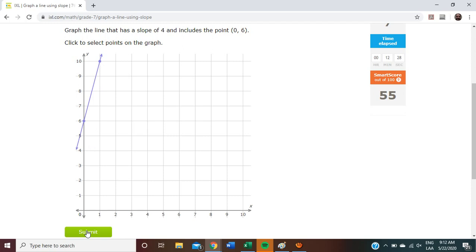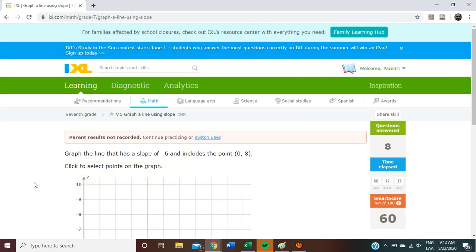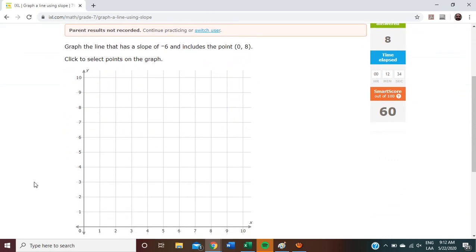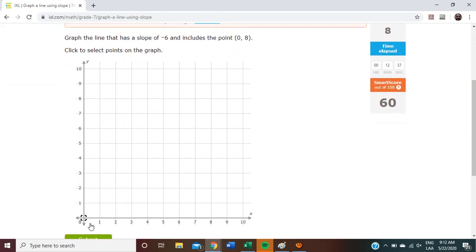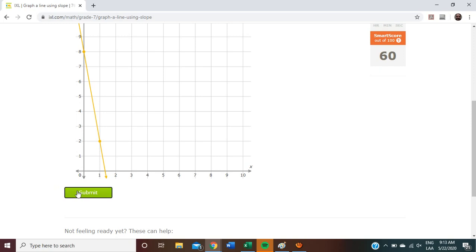If it is negative, we go down. So (0, 8), and negative 6, we go down 6 times, 1, 2, 3, 4, 5, 6, and 1 to the right. Okay, submit.